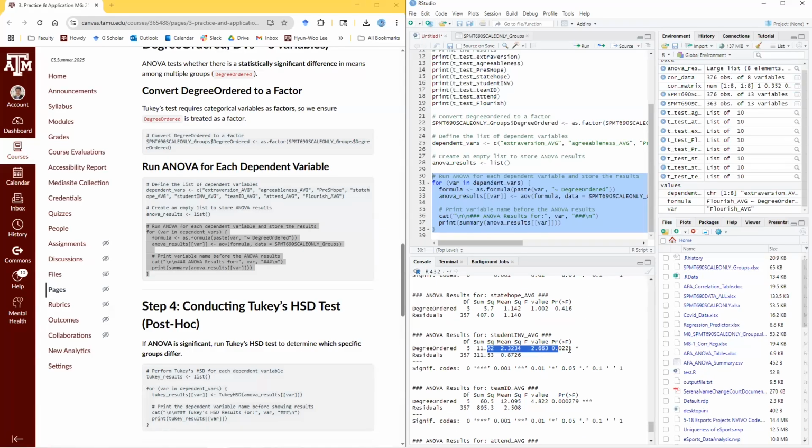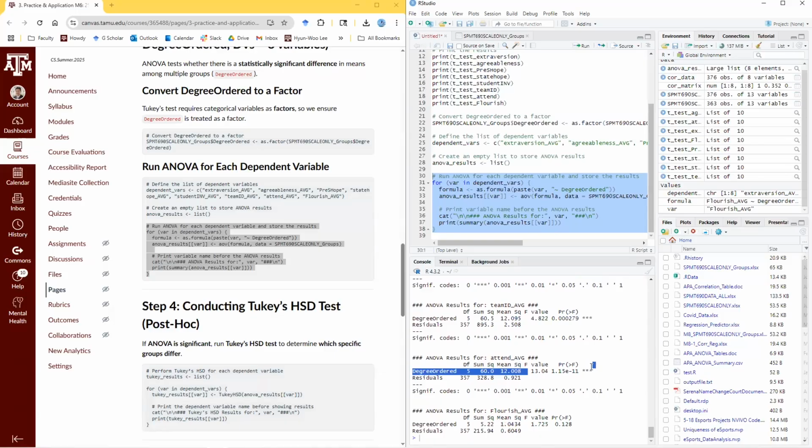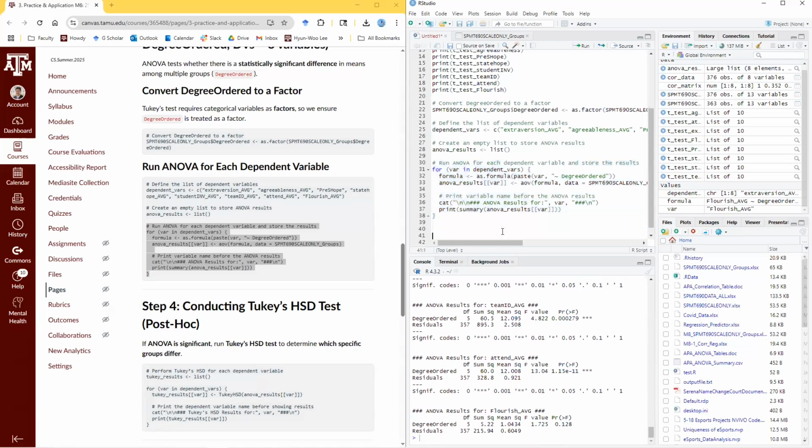There was some significant difference in terms of student involvement and team ID and attendance, right? For flourish well-being, we did not have a significant difference as the p-value was larger than 0.05. Great. So we found some significant difference by degree levels.